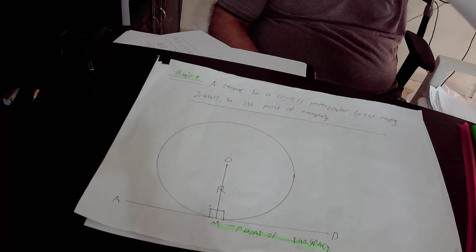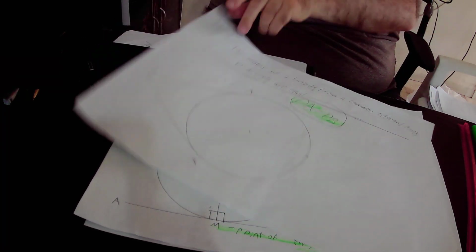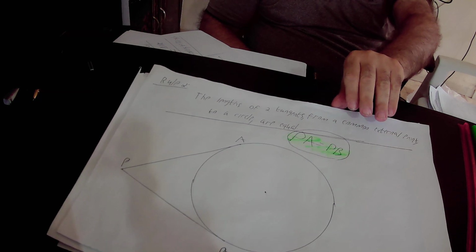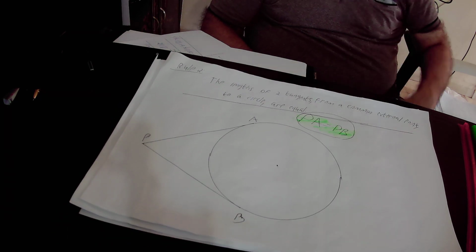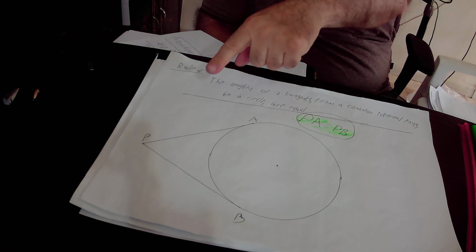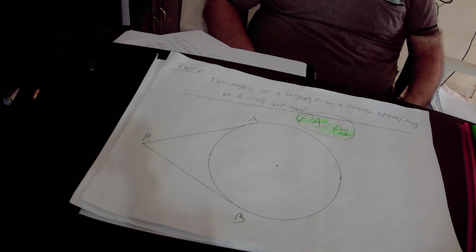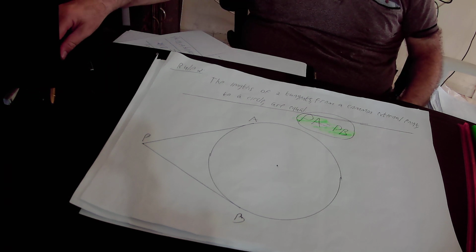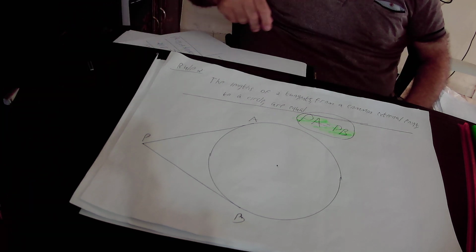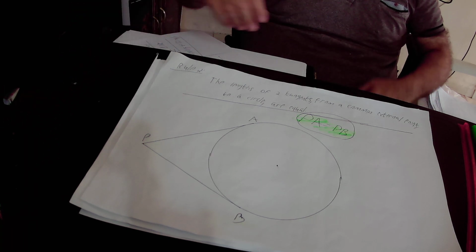Then I presented to you rule number 2. According to rule number 2, the lengths of 2 tangents from a common external point to a circle are equal. Here we have the common external point P, and from the common external point P, we have 2 tangents to this circle.